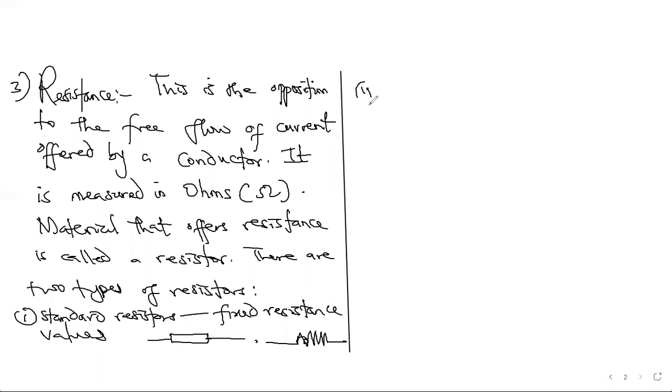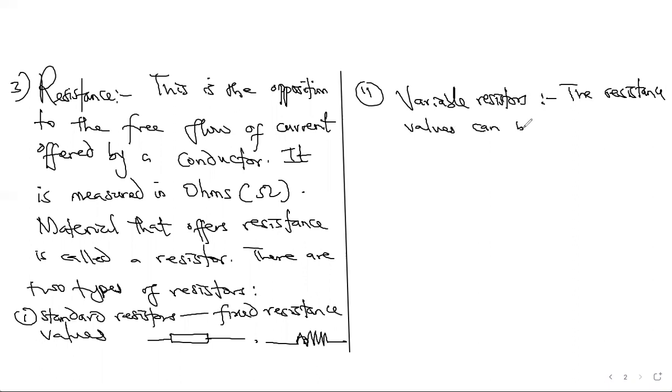You also have variable resistors. For variable resistors, the resistance value can be varied. So this is what we usually use in experiments, when you want to vary the resistance and determine the corresponding value of the current.